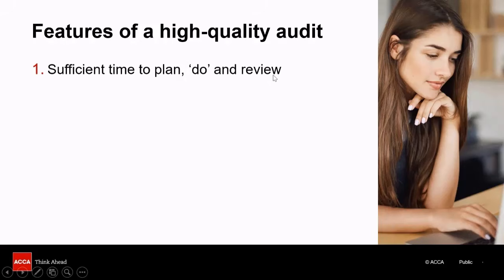And with the reviews, there needs to be enough time, not just to do the review for the manager or the partner to review the audit work, but there needs to be enough time to address any issues that are found as part of that review. So in an exam question, always be looking out for time, right? Things very often will have been done under time pressure, which will reduce their quality.